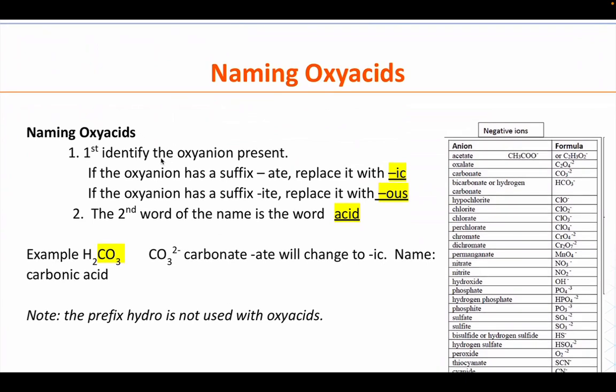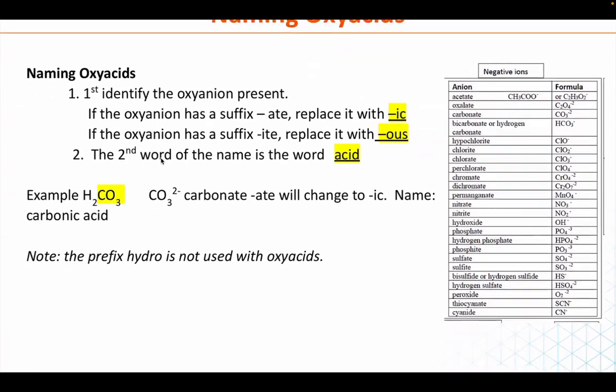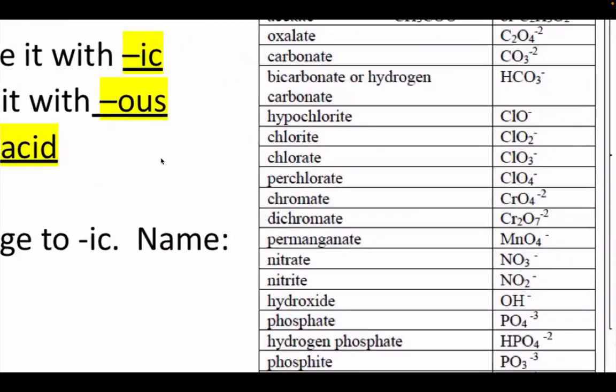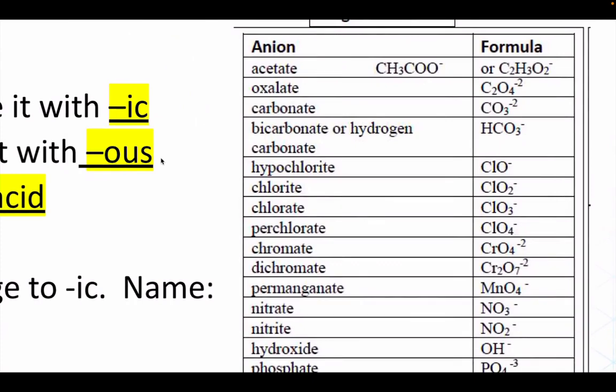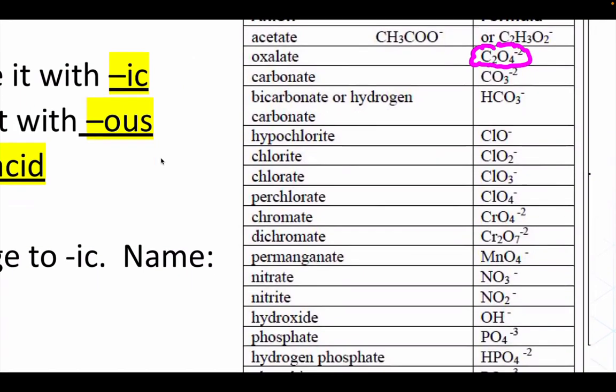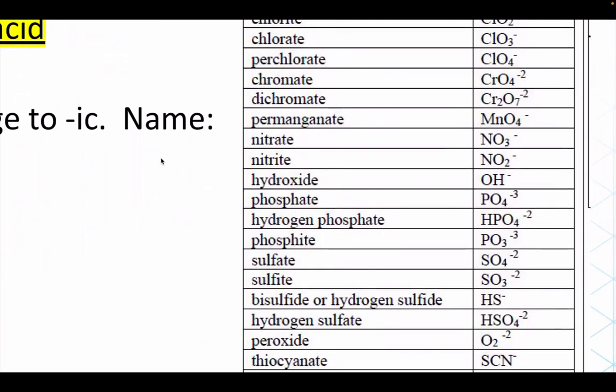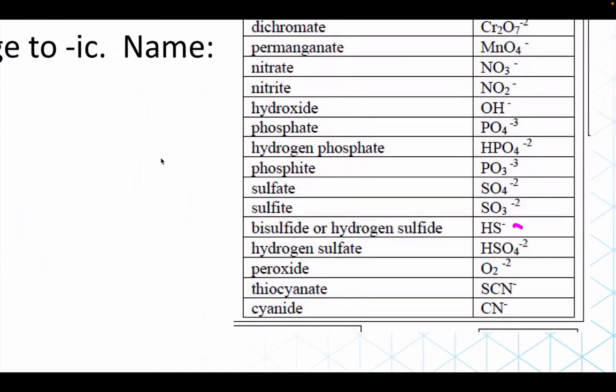So now we're going to switch over to a different type of acid. These are called oxyacids. So they have an oxyanion in them. If you remember on our pink sheet, oxyanions are just the ions that have oxygen in them. So here's one, pretty much all of these are oxy except for these.